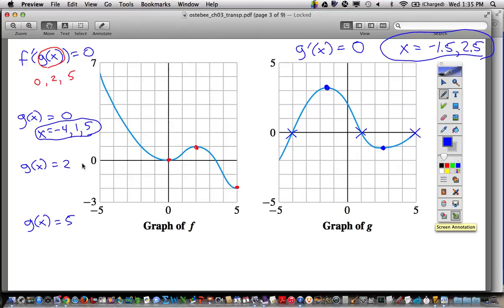When does g of x equal 2? At those 2 places. The output is 2 at -3 and at 0. So there's a couple more answers. And when does g of x equal 5? It doesn't. So never. So there you go. 1, 2, 3, 4, 5, 6, 7 different answers for that.